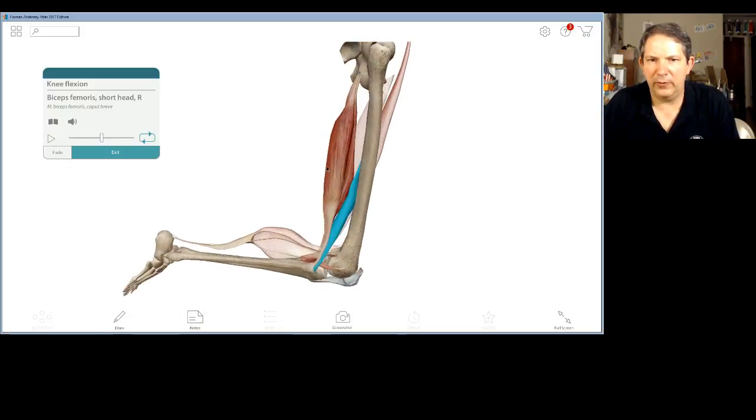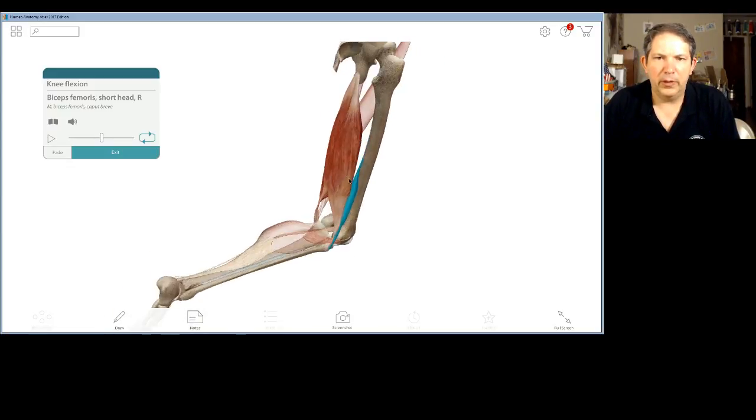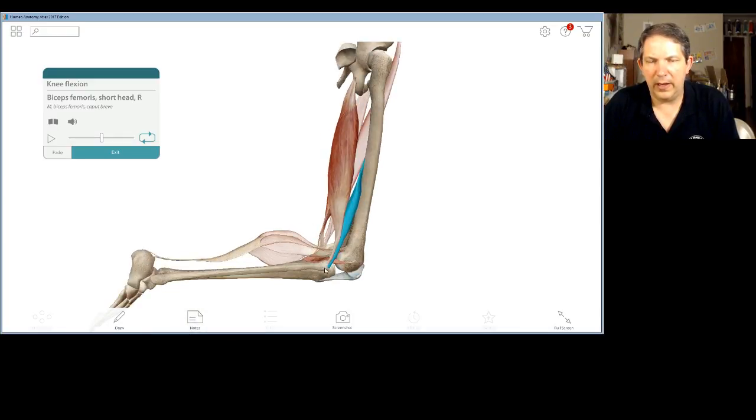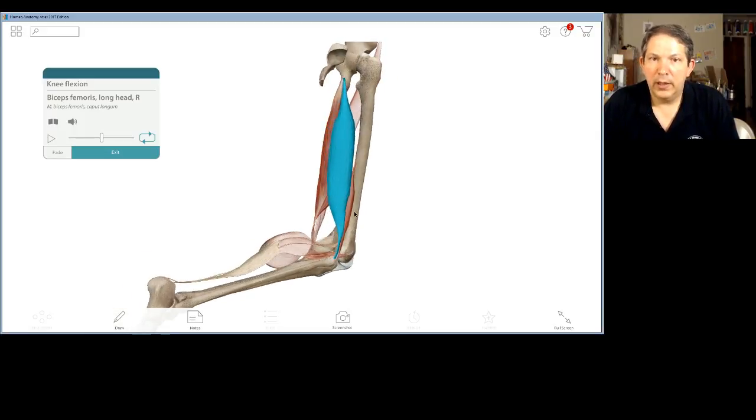I don't think I gave you that landmark, but you can see the back of the femur over to the head of the fibula. It's called one muscle, but it looks kind of pretty distinct there, but it shares a common tendon here, so they broke it into two.